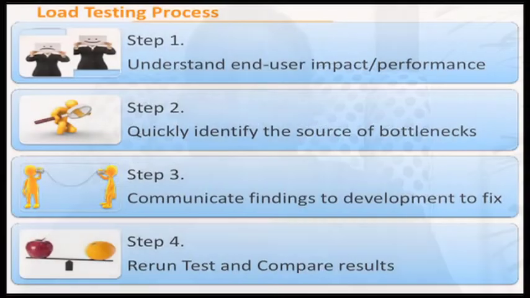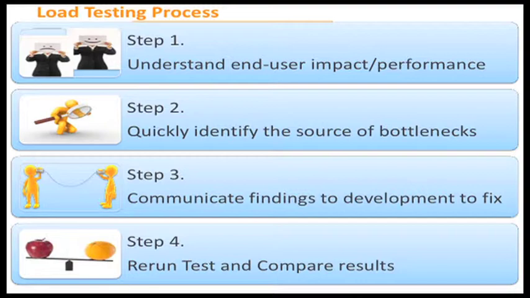So in general, when we think about load testing, there are really four major steps that we go through in a load testing exercise. The first is obviously to generate the load that represents real user activity. And there are a lot of tools and processes in place that can do that today. The second step is to analyze that load and try to figure out where the bottlenecks are. And that's really where we spend the most of our time and it really requires the most extensive resources within the organization.